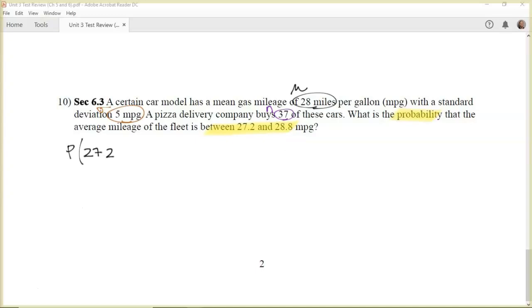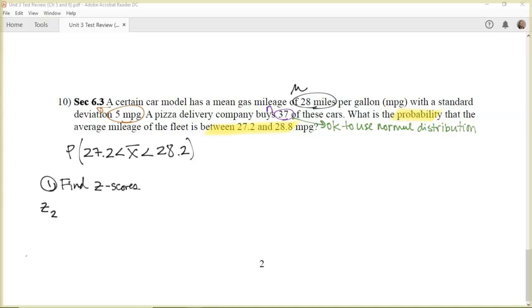So my probability statement is the average is between 27.2 and 28.8, and again, because the sample size is large enough, we can use a normal distribution by the central limit theorem.